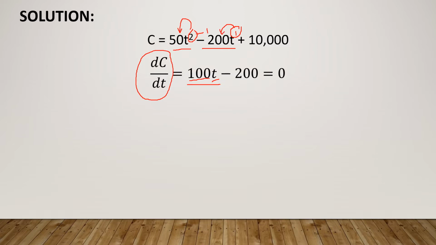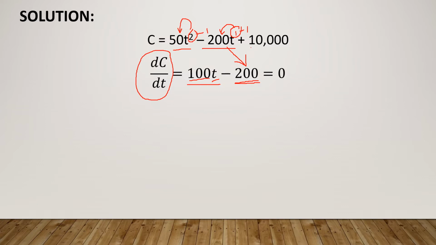So 200 multiplied by 1, that will be 200. So we need to subtract 1 to your exponent. That will be 1 minus 1, so t raised to 0, that will be equal to 1. So if we multiply 1 to 200, that will be equal to 200. Therefore, the derivative of 200t is equal to 200.